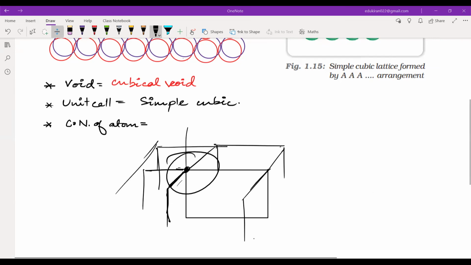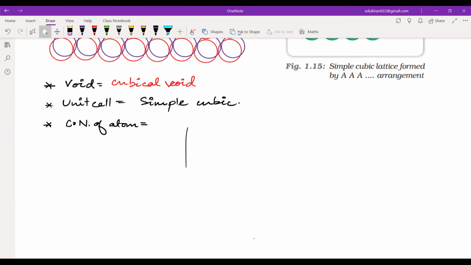Okay, that means, I think we should change this topic to Z in simple cubic.